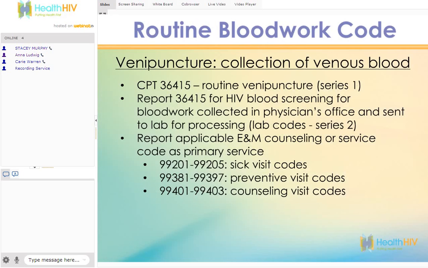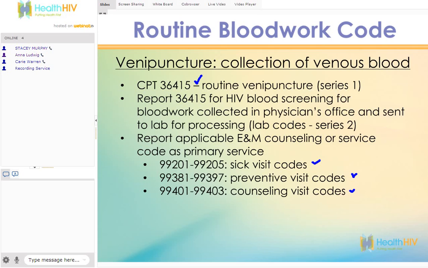We also spoke about the venipuncture code. Whenever a patient comes in for HIV testing, if your practice decides to not do the rapid test but instead decides to do blood screening, then when you report your E&M visit code, whether it's a preventive service or a sick visit service code, or even a counseling code, you would report the code for venipuncture, which is 36415.